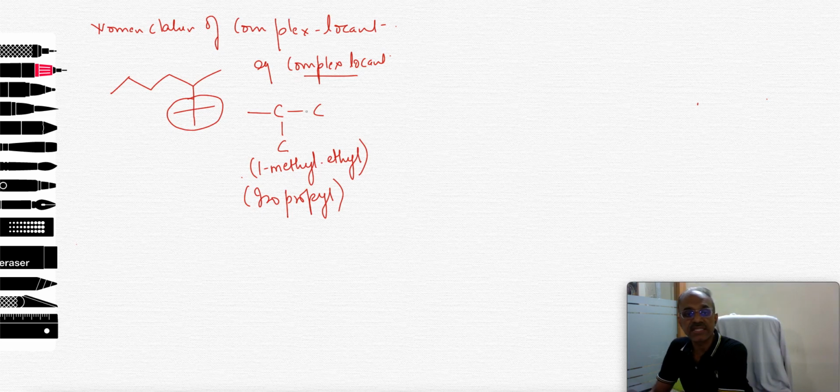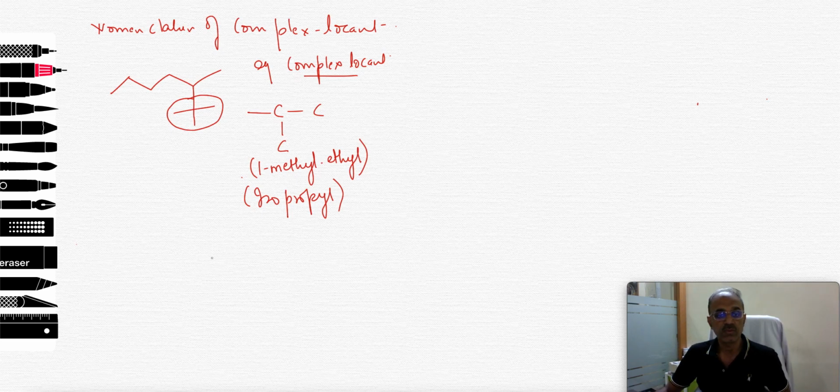Isopropyl. The second carbon atom has one C, 1-methyl. This is known as isopropyl. Now, fine.